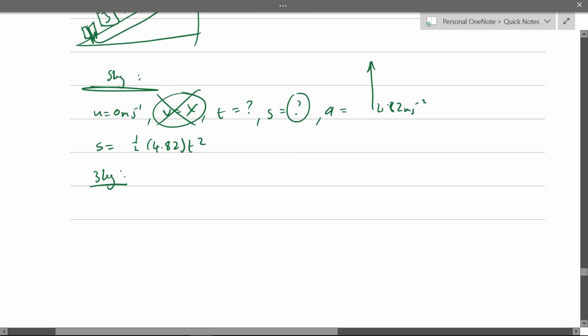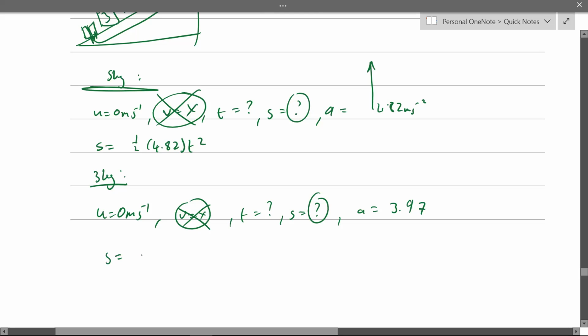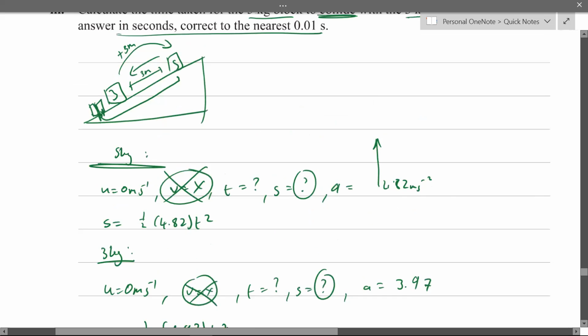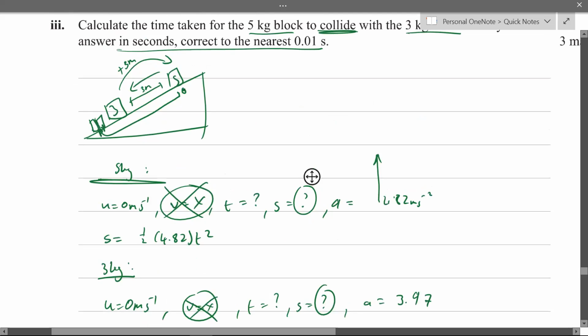For the 3 kilogram block, it's the same thing, except we have a different acceleration. A is 3.97. So the displacement of the 3 kilogram block is still half 3.97 t squared, but the distance from this point would be its displacement plus 3 meters.